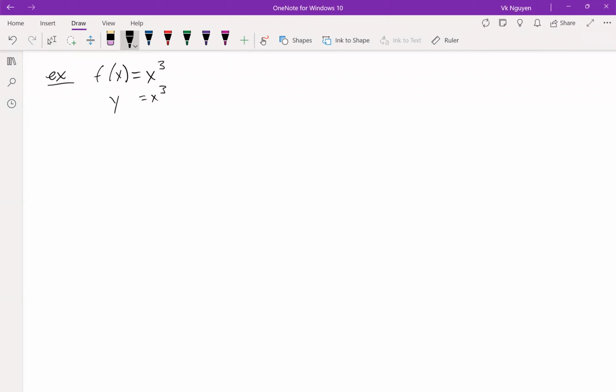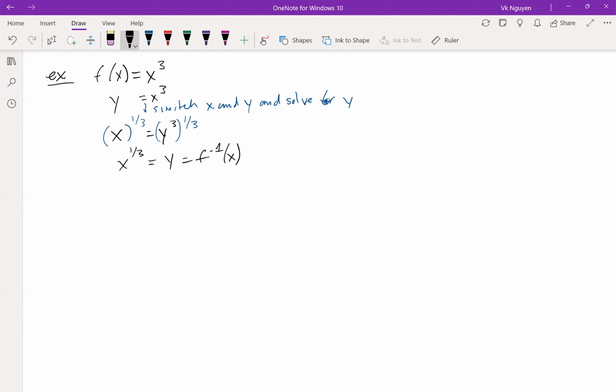Y equal x to the 3, and then switch x and y, and solve for y. X equal y to the 3. Now to solve for y, we have to get rid of the exponent. To get rid of the exponent, we take both sides to the power 1/3. And we see that y is x to the 1/3. This is F inverse.